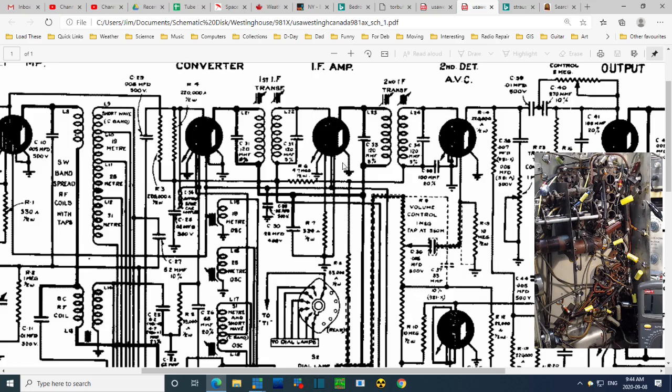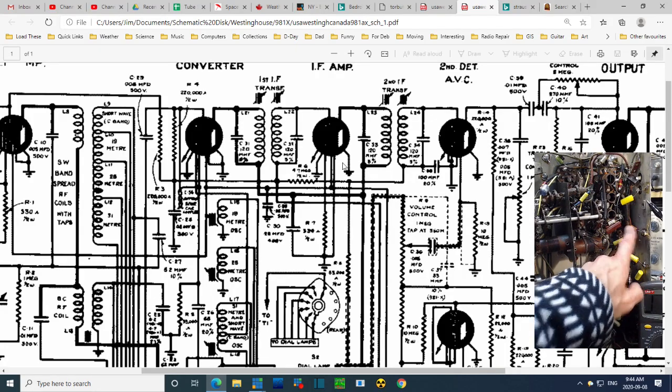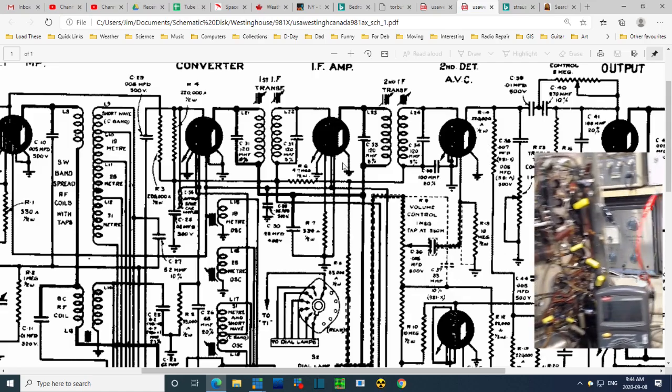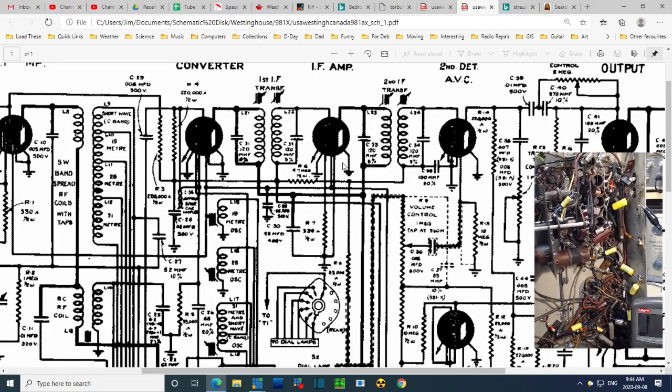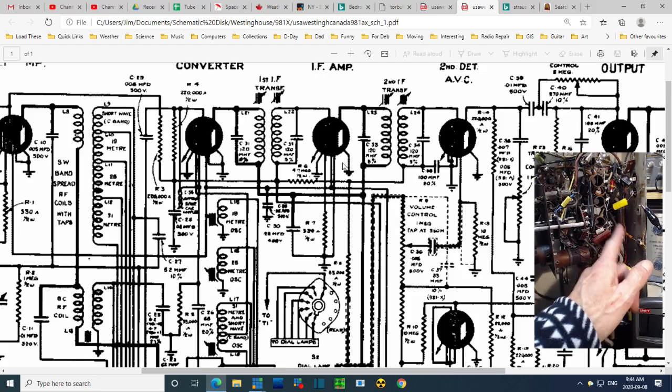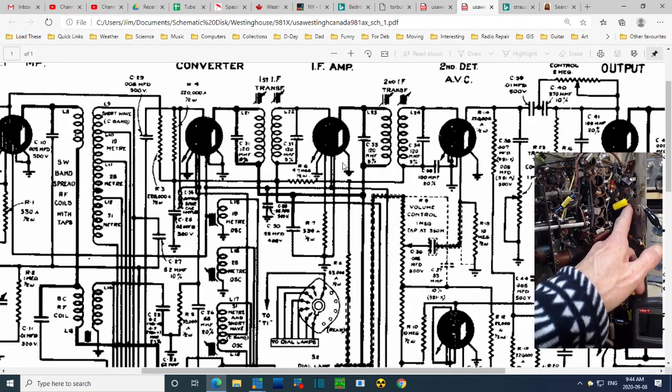If we stick with the IF tube, put this one up here, it's right out there. I can see all the terminals quite easily. So what we'll do is we'll check the voltage. There must be another wire. Yeah, there's another wire on the other end of this terminal.